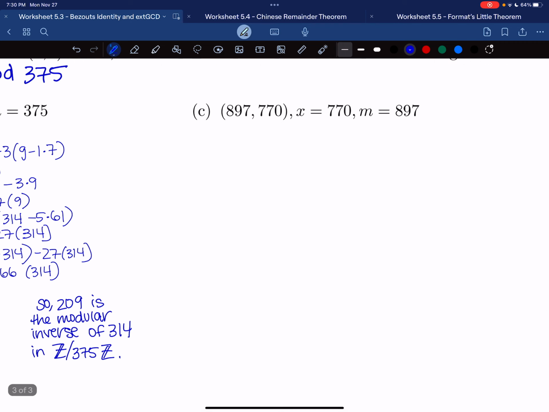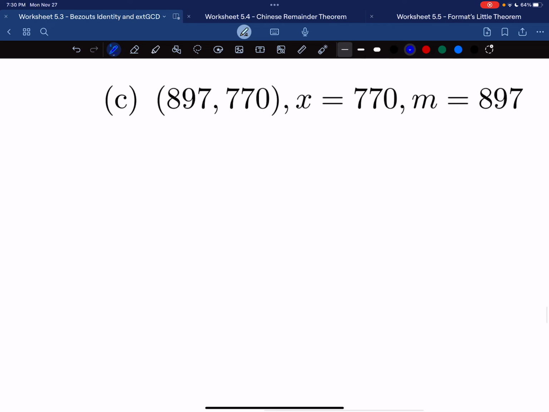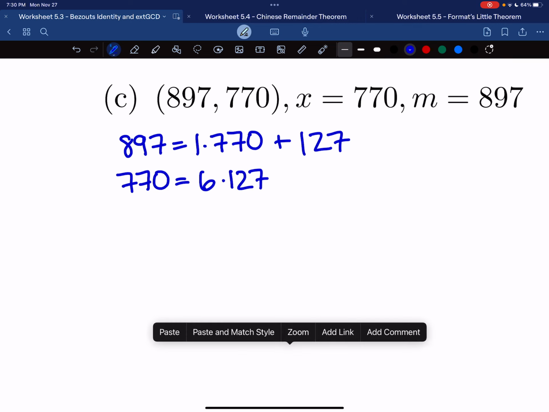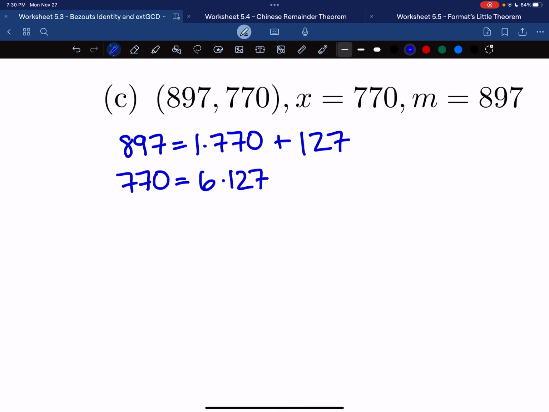But if you were finding it for 897 and 770, you're going to start off exactly the same way that we just did, where you're going to say 897 is equal to 1 times 770 plus 127. 770 is equal to 6 times 127.